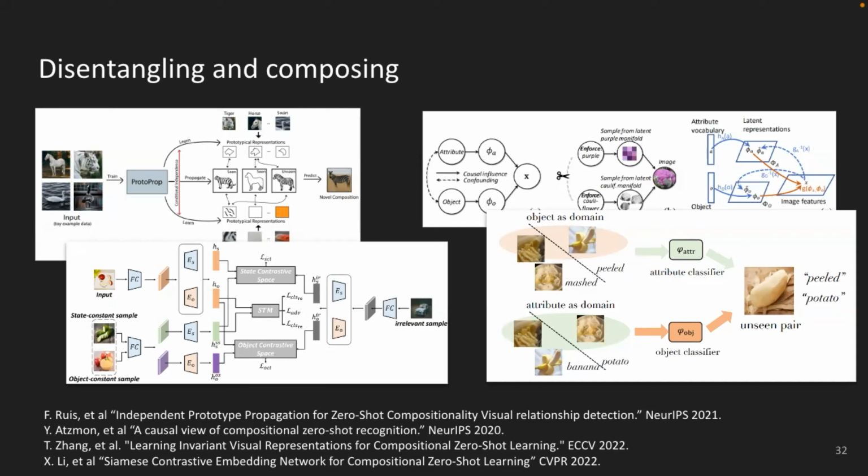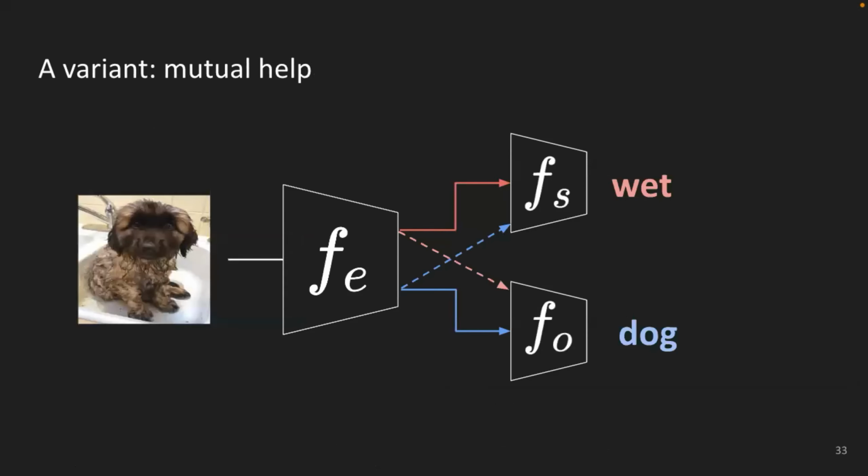Another way is actually to take the opposite direction and say, okay, now I don't want them to be independent, but maybe they can just talk to each other while doing so. And this is what I sketched here, that maybe we can take our state classifier and condition it on the object that we predicted. I mean, why not?